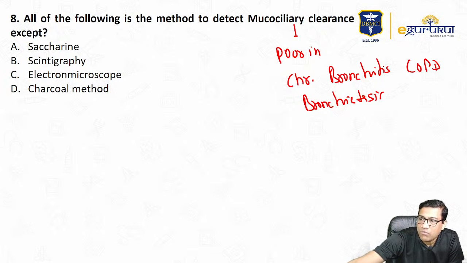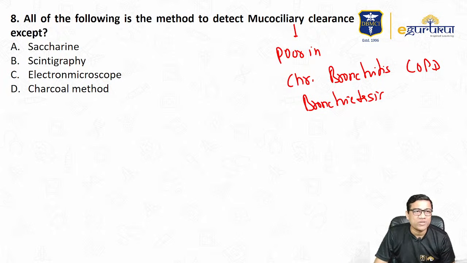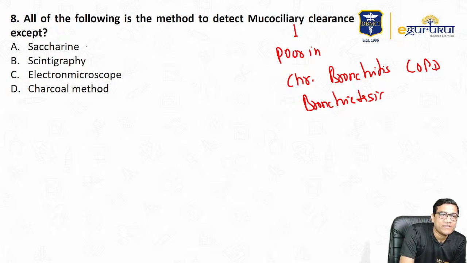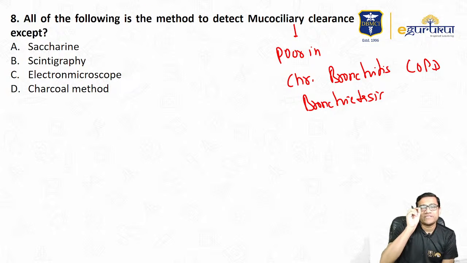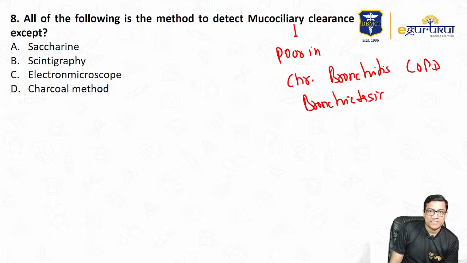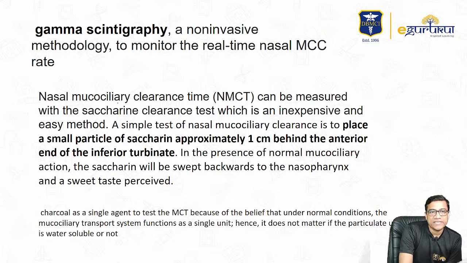Okay. Now I have to search the net for this because I know just one or two methods. Otherwise, even I have to search the net. So the saccharin method is there. They will put small saccharin particles at the inferior turbinate and ask the patient to feel. So if it's moving, they can taste the sugar. That is called the saccharin test for nasal mucociliary clearance.